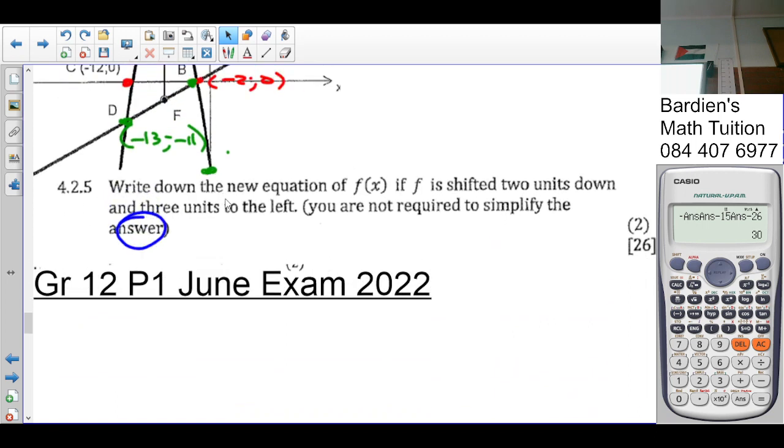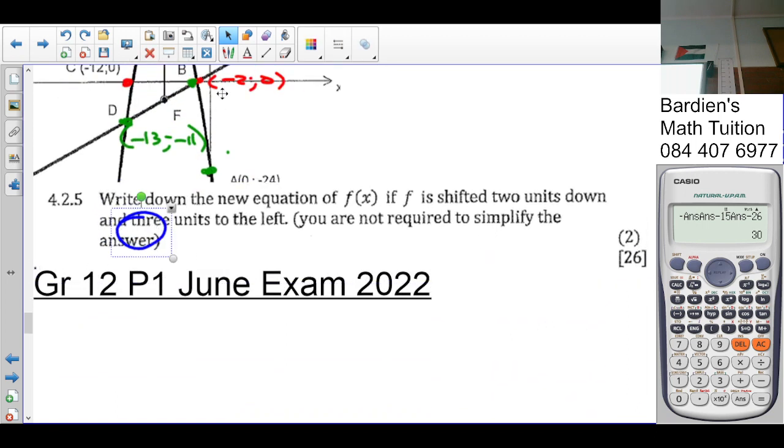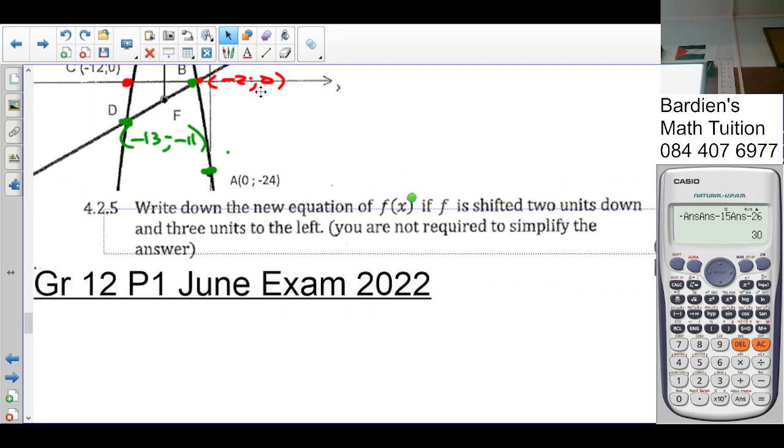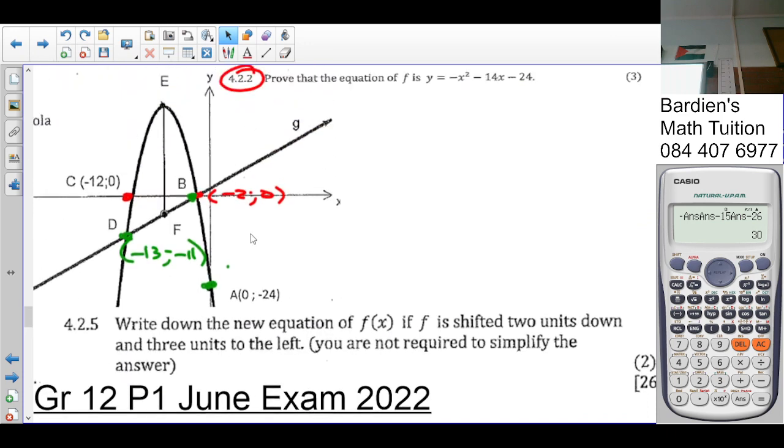The next question says, 4.2.5. Write down the new equation of f of x if f is shifted 2 units down. So if it is shifted 2 units down, then what is the f parabola?